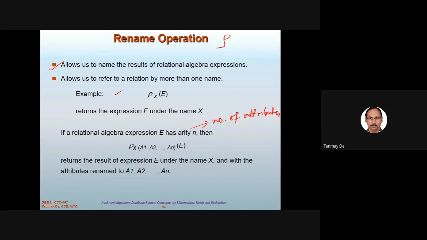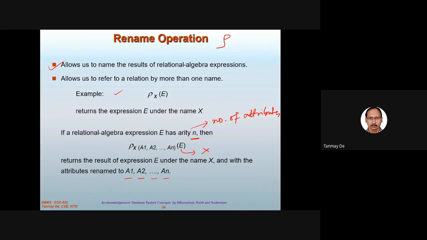So if e has arity n, that is n attributes, and we write rho x with a1, a2 up to an over e, then this expression is named x, and in x there are n attributes, and those attributes are also renamed a1, a2, a3 up to an.